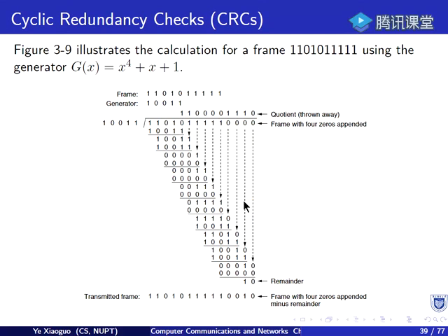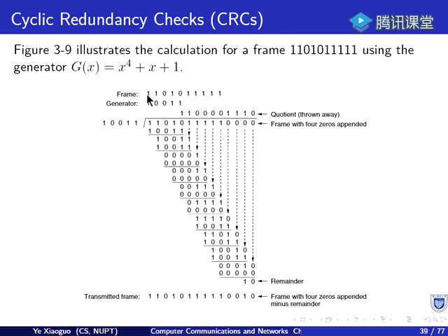For example, then we will illustrate an example. We assume a frame 11010111 should be transmitted using this generator polynomial G(x) = x^4 + x^1 + x^0, where x^0 is 1, right?